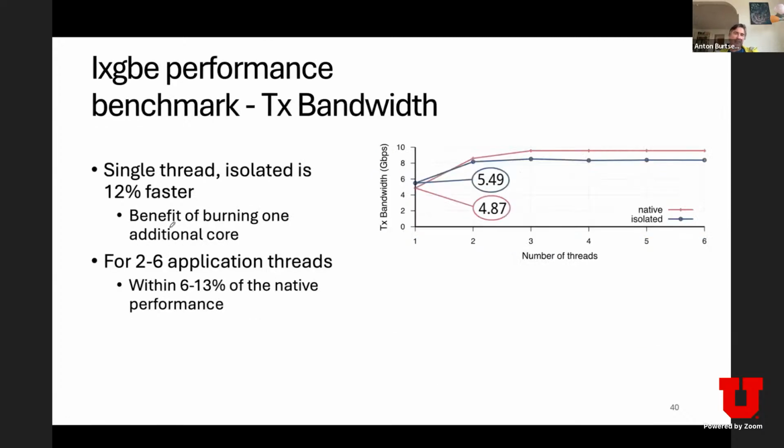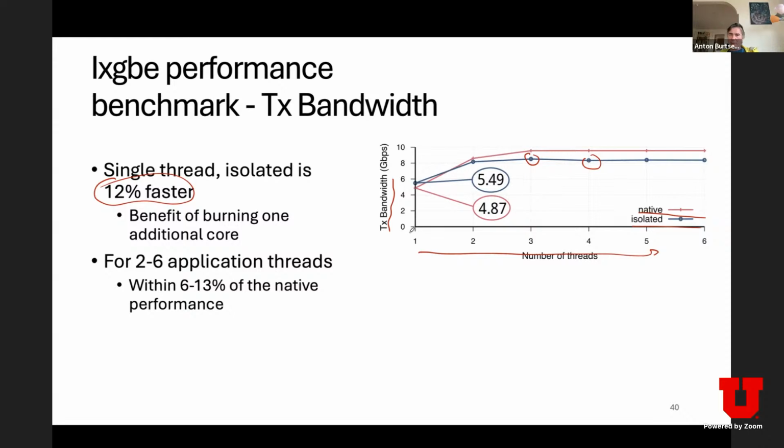Here we have a performance graph for the TX outgoing bandwidth of the native driver in red and the isolated driver in blue. The isolated driver stays within roughly 12% of performance. So it's not bad, and this is with a growing number of threads. It's not ideal, it's not zero performance overhead, but still it's reasonable.